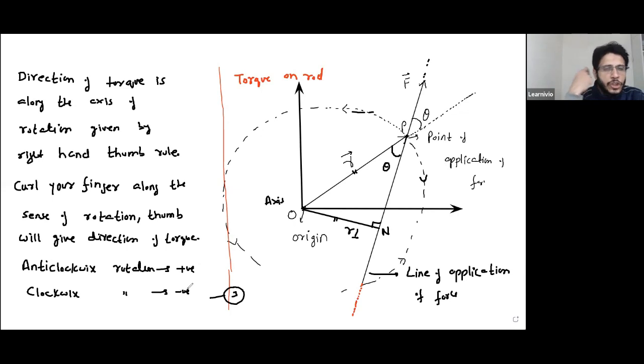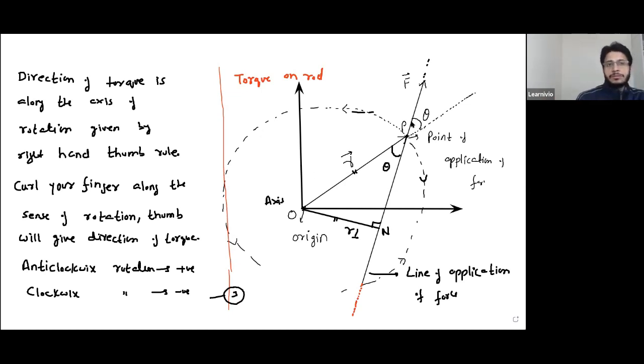This convention is just due to the fact that if the rotation is anti-clockwise, then your thumb is going outwards. Your thumb is along positive z-axis. That's why anti-clockwise rotation is positive. But if your rotation is clockwise, then your thumb is going inwards into the plane of the board. And into the plane means negative z-axis. That's why we consider clockwise rotations negative.